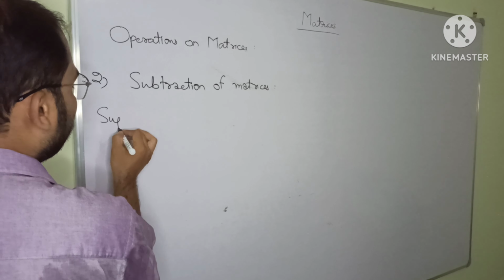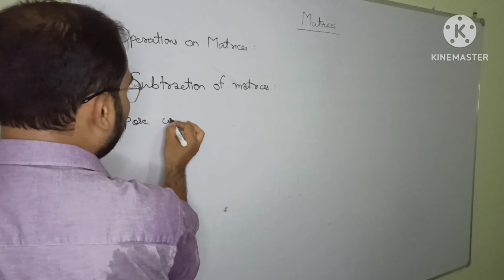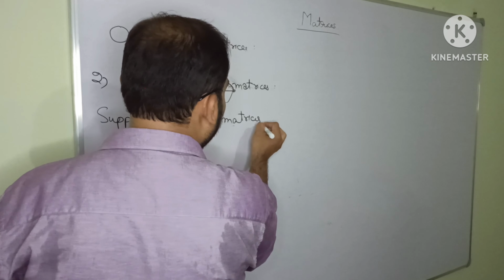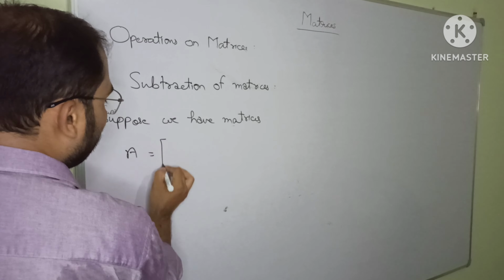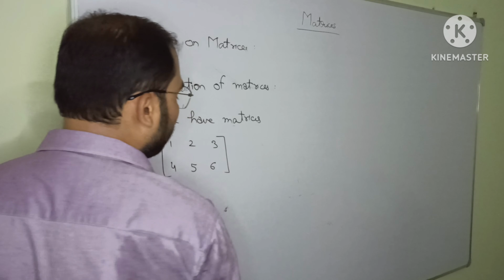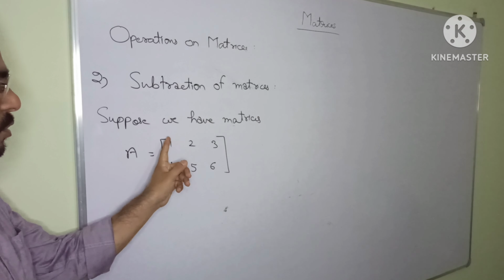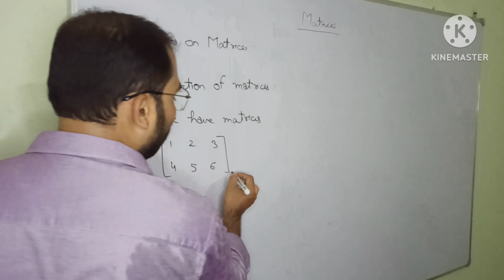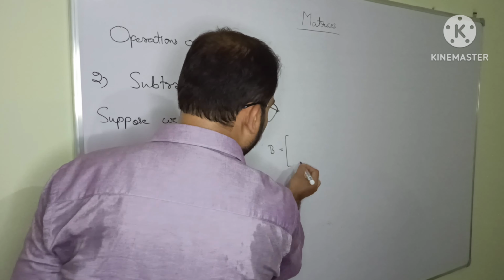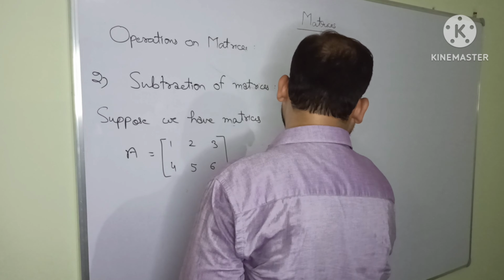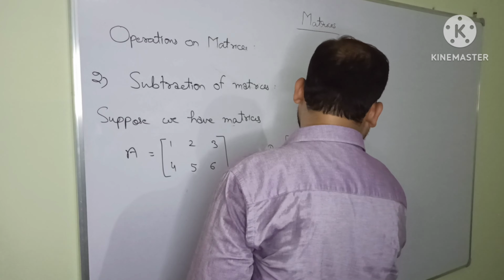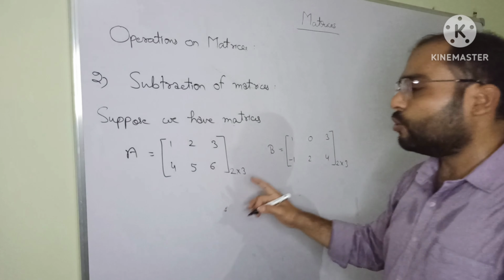Suppose we have matrices A equal to 1, 2, 3, 4, 5, 6. The order of this matrix is 2 by 3. We take B of the same order: 1, 0, 3, minus 1, 2, 4. The order of matrix B is also 2 by 3.